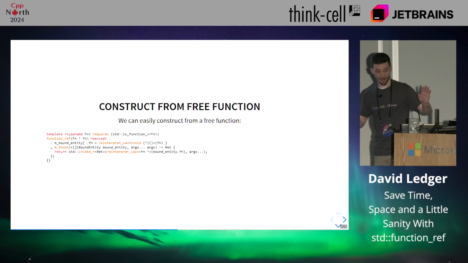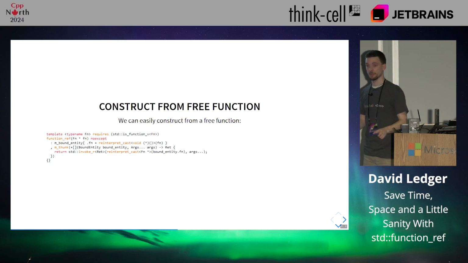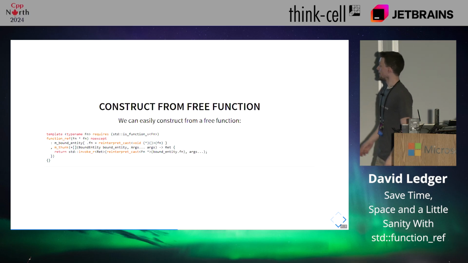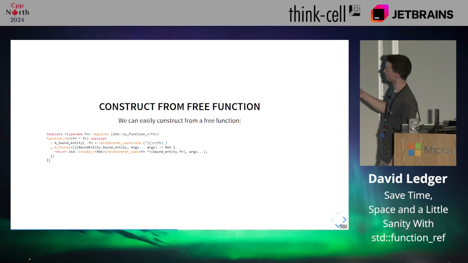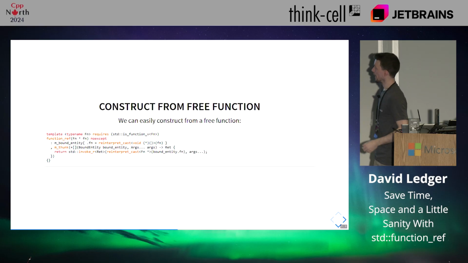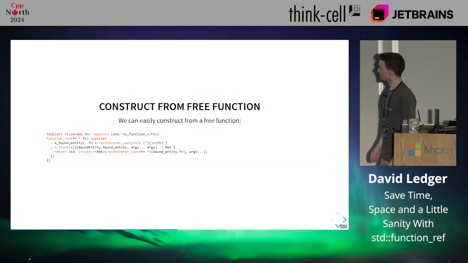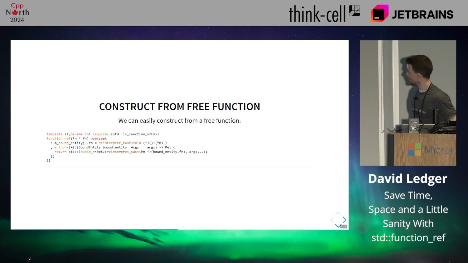That's that free function, which knows what to do with the bound entity. The func is going to take the bound entity. It knows, because we are in the constructor, the type of the free function. It can reinterpret cast that free function back to its original type and use invoke to invoke that free function.